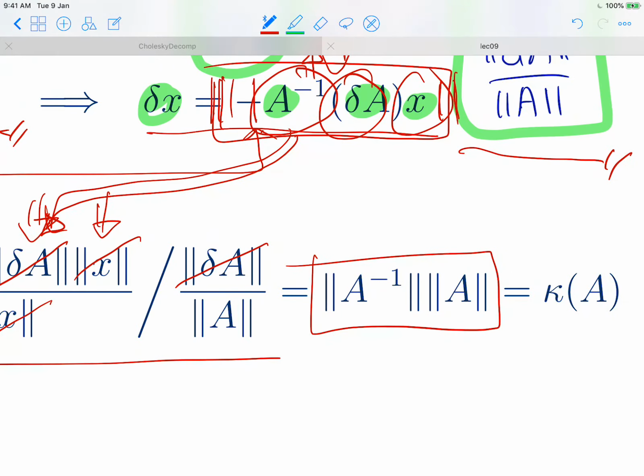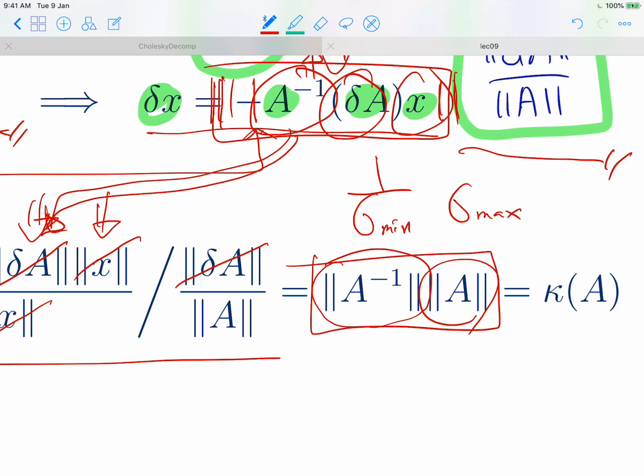So in this case, if we consider the two norm of our matrix or vector, in the case of the matrix norm we consider the induced norm, and we understand this is the reciprocal of the smallest singular value, and this one is the maximum, or largest, singular value.